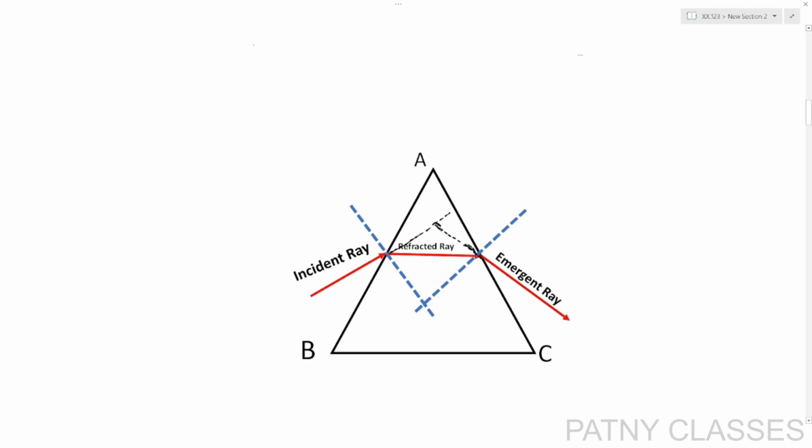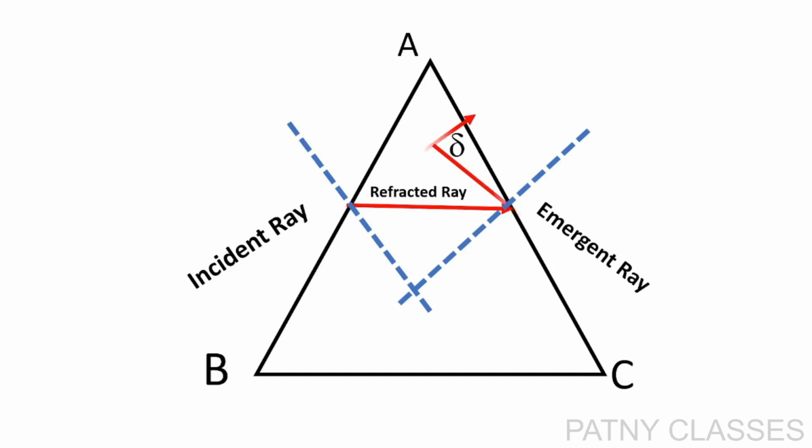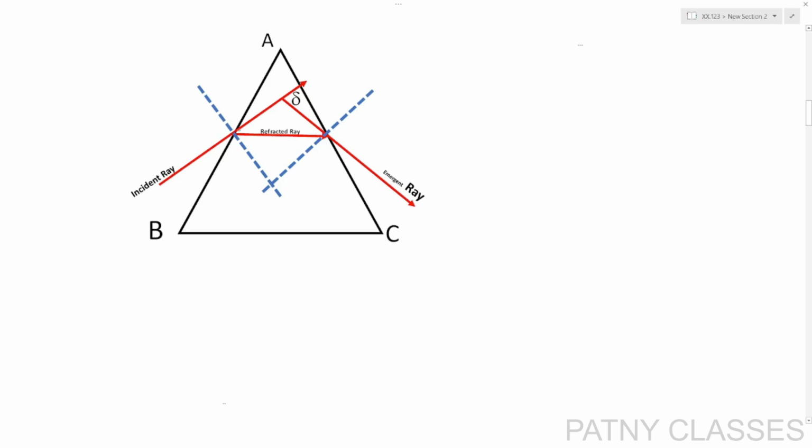So there is an angle between the incident ray and the emergent ray. Call this angle delta. Let us call the angle of incidence I, and this one is the angle of emergence E.